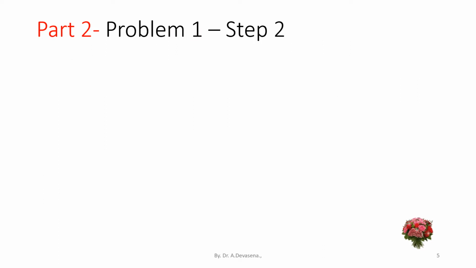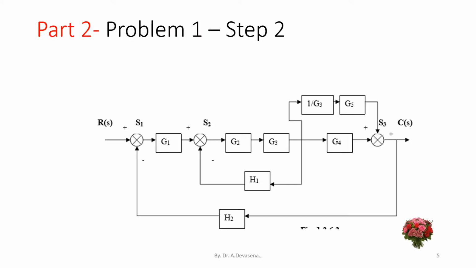Step 2. Here is a block diagram. Now we have to identify the blocks which are in cascade. In this diagram, the blocks G2 and G3 are connected in cascade, as well as the blocks 1 by G3 and G5 are connected in cascade.